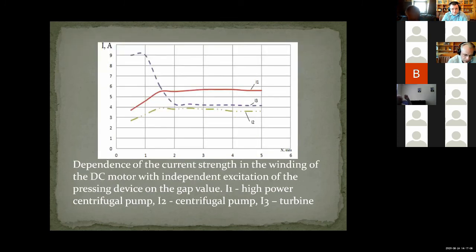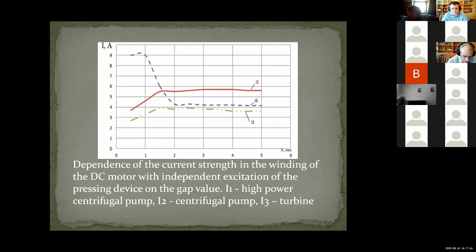To minimize energy consumption, currents in the excitation winding of direct current motors, which drive the structural elements of vacuum generation devices, were investigated.